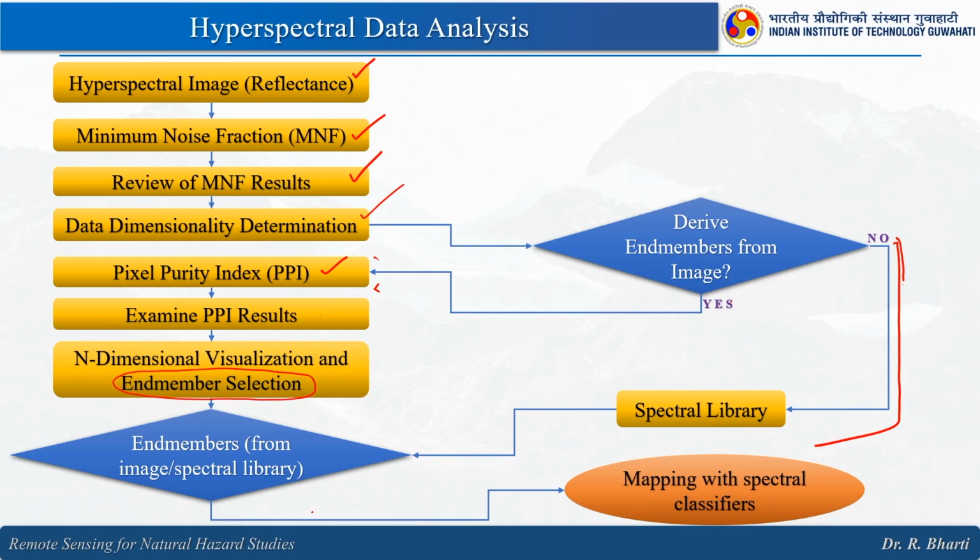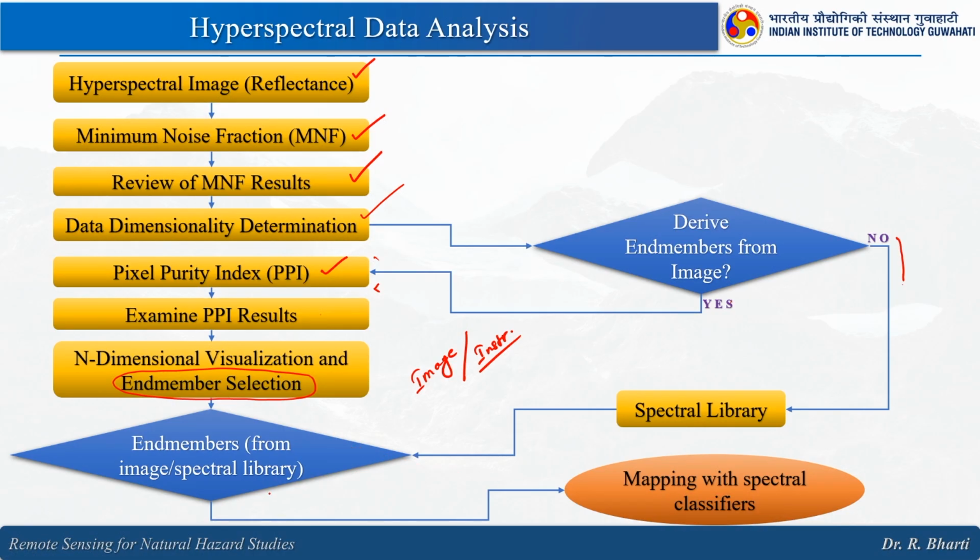Once you have the end members, it doesn't matter whether from image or from instrument, they can be used together to go for the mapping of a specific material or classifying the image.